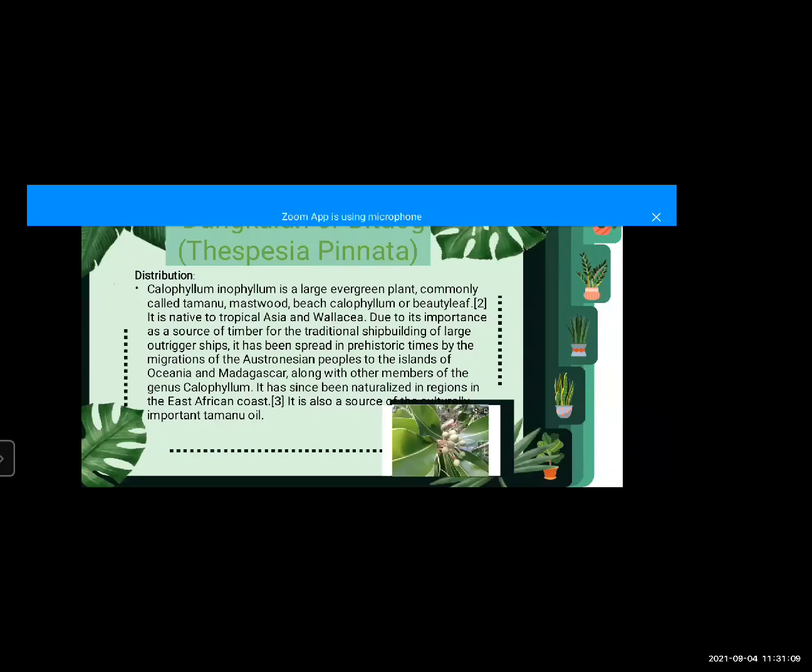Calophyllum inophyllum is a large evergreen plant commonly called tamanu, mass wood, beech, calophyllum, or beauty leaf. It is native to tropical Asia.